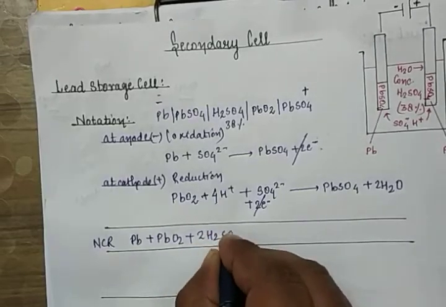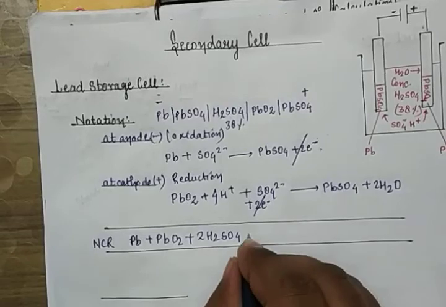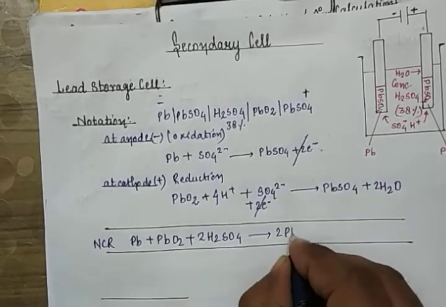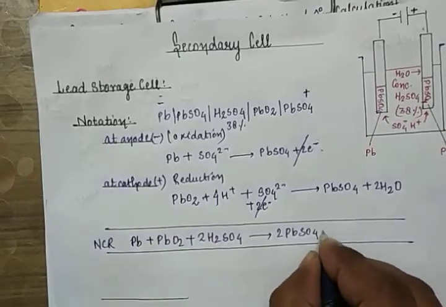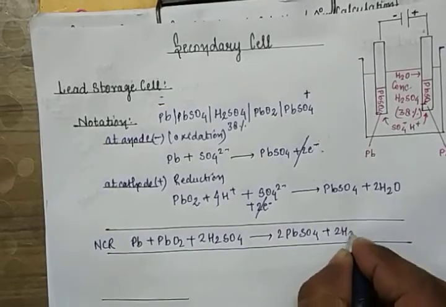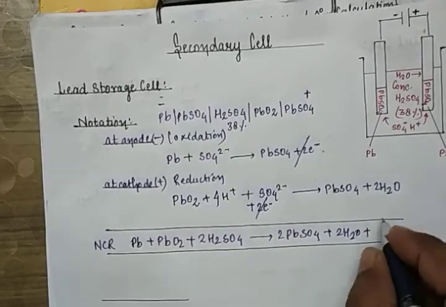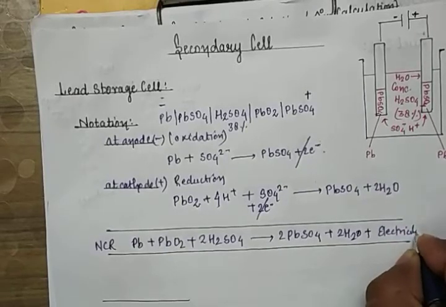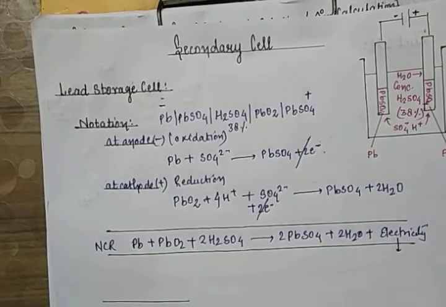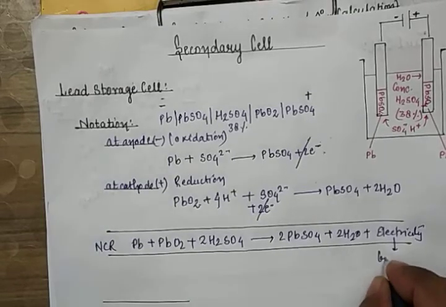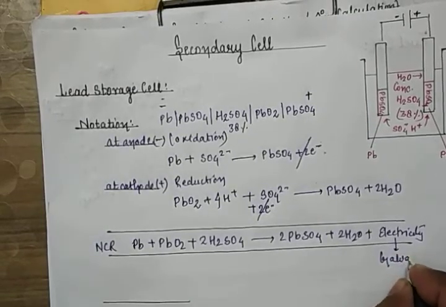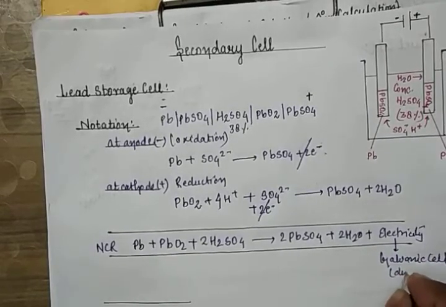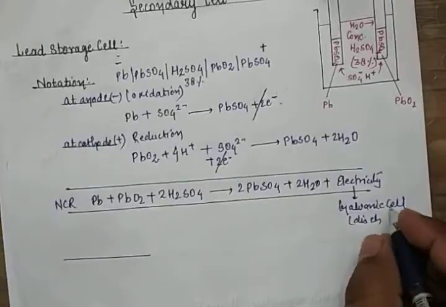The products are 2PbSO4 and 2H2O, plus electricity. This electricity means the cell works as a galvanic cell. The galvanic cell means the cell is discharging.